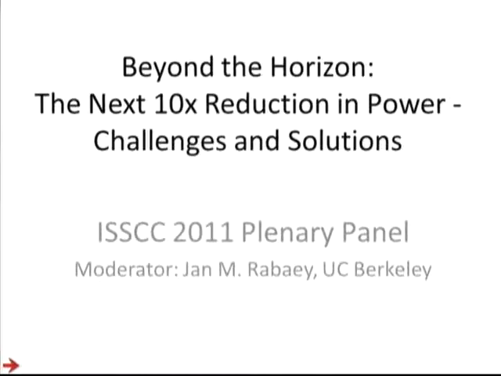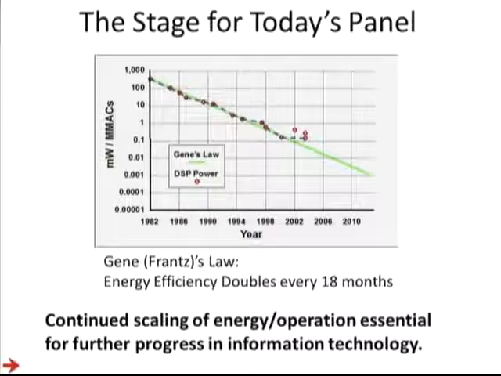Now, about 25 years ago, Gene Frantz at Texas Instruments realized that when he was looking at the generations of microprocessors or DSPs he was designing, there was a certain kind of arithmetic connected to it as well, which he called Gene's law. He realized actually that the energy efficiency per function, and whatever you call a function, was basically doubling every 18 months.